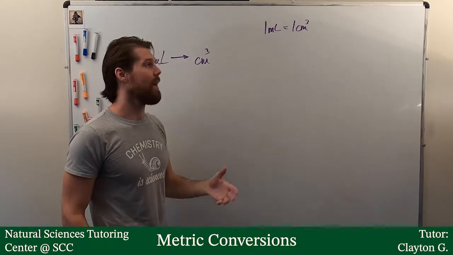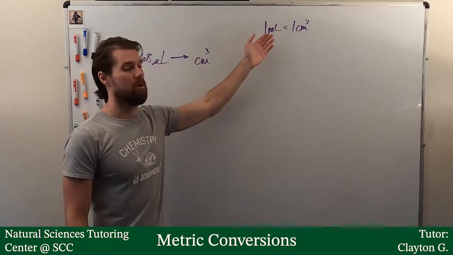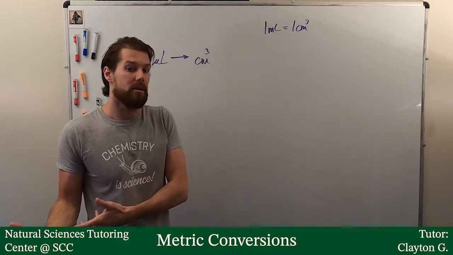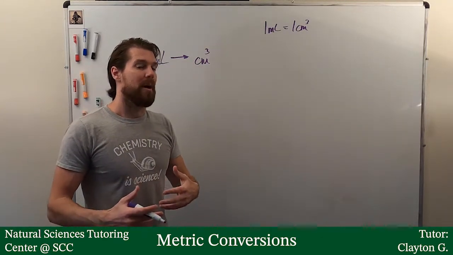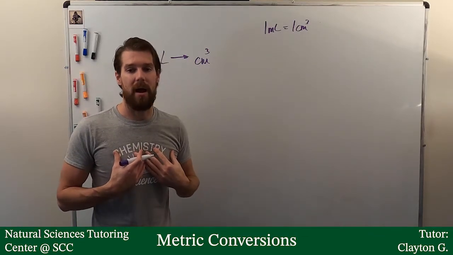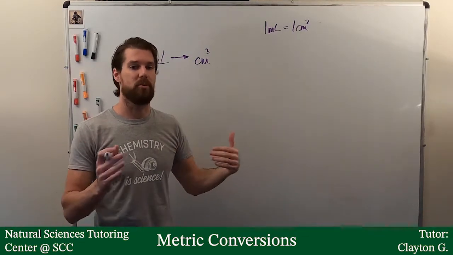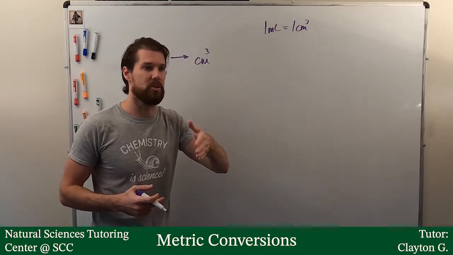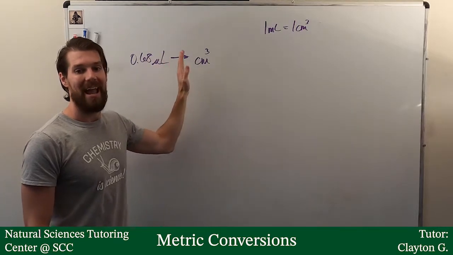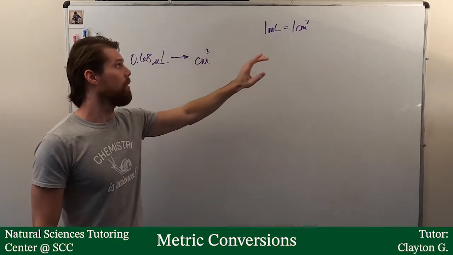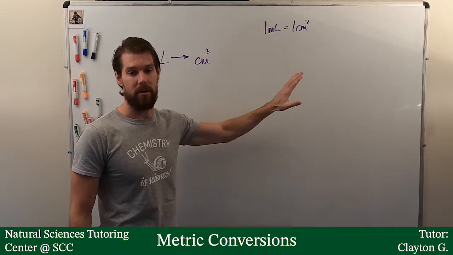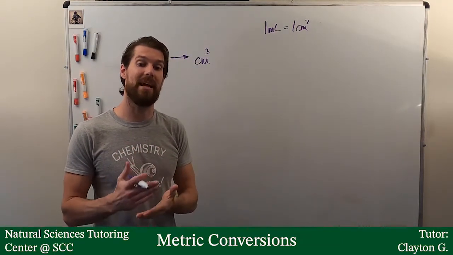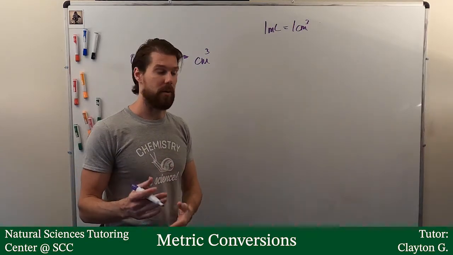I didn't memorize how many microliters are in a milliliter. Now I know that they're 1,000 away from each other, but I'm not going to waste brain power memorizing all the different relationships between all of them. All I want to know is the relationship between microliter and liter, and then between milliliter and liter. So when I do these problems for you, I'm always going to go through the standard, okay?